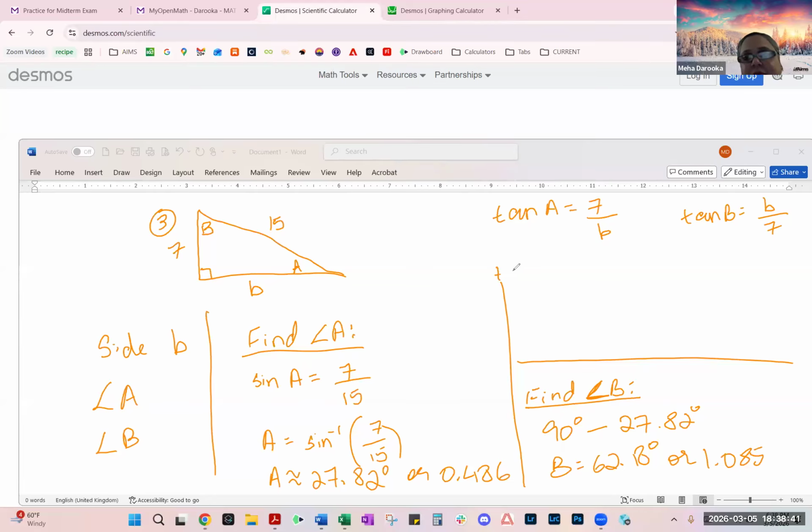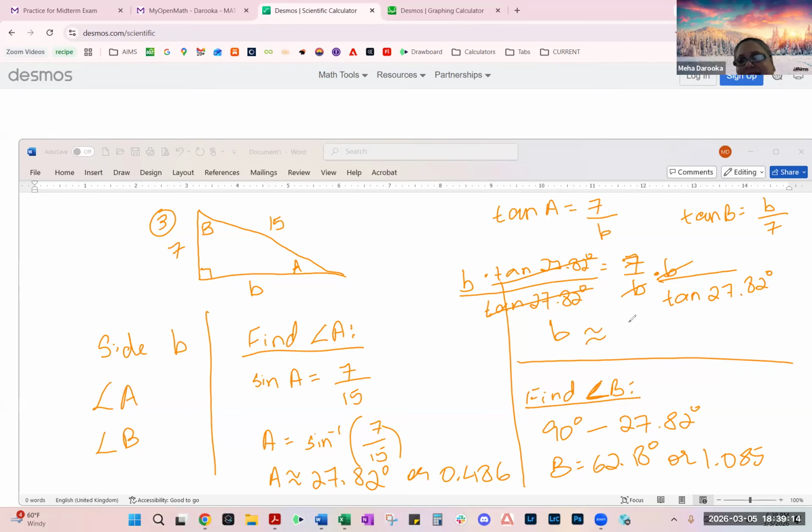Of course, we know angle A is 27.82 degrees. And so to get letter B, or small b, by itself, we can multiply both sides by B, and then we would need to divide by tangent of 27.82 degrees on both sides so that we can get B by itself and then all of our fraction on the other side.